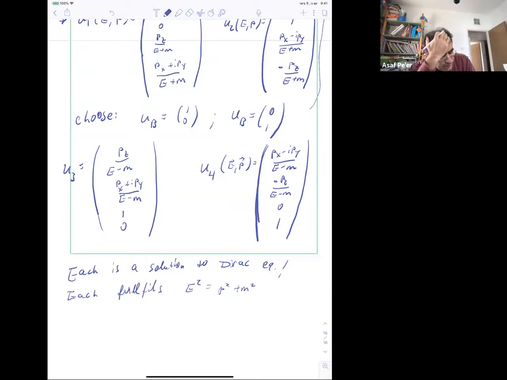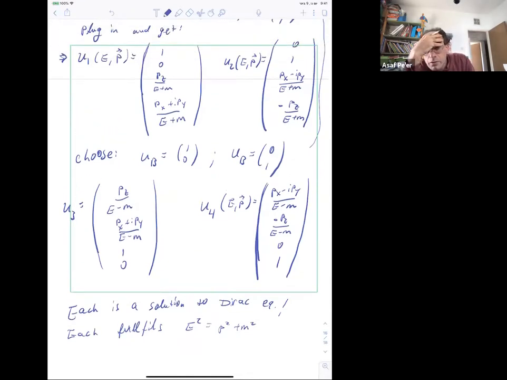Of course, in the limit where P goes to 0, we retrieve the simple solutions we had previously for particles at rest. So again, that means that U1 and U2 can be identified as the spinors with positive energy, and U3 and U4 are the negative energy particles.